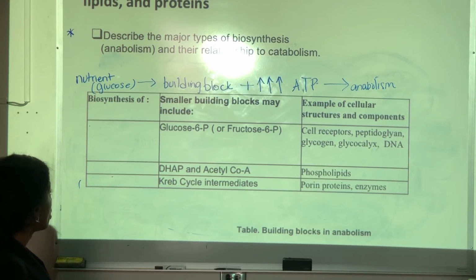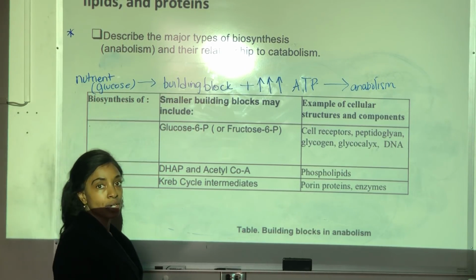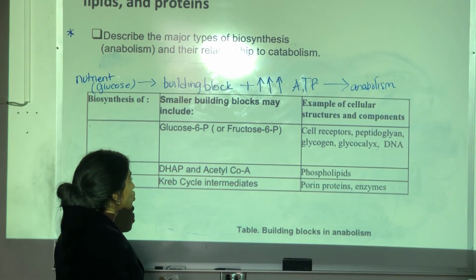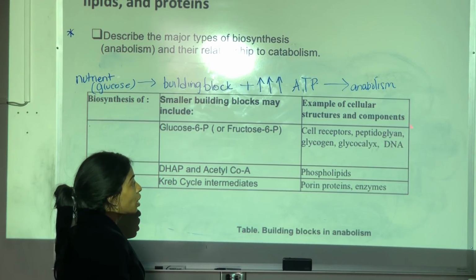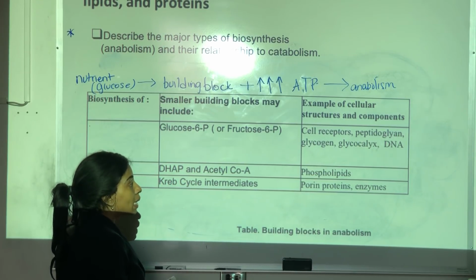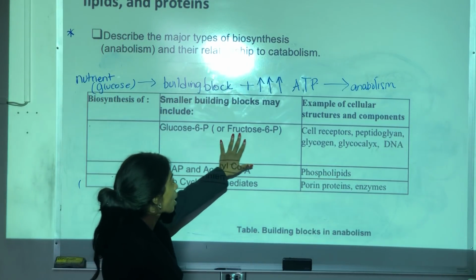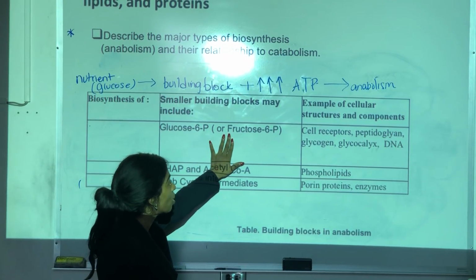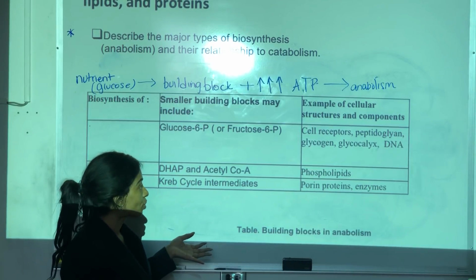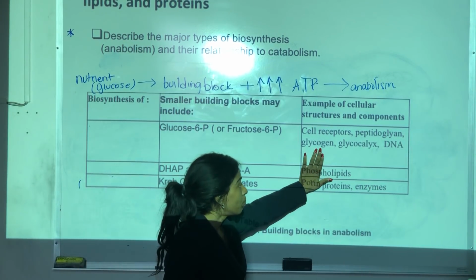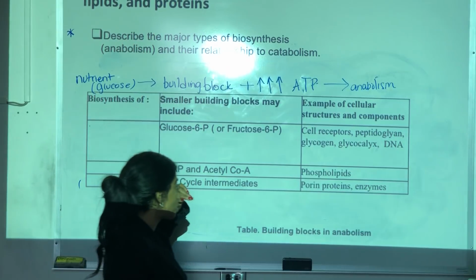So if we look at it, the building blocks that we've seen as our intermediates in the pathway, glucose 6-phosphate is used to build things that have carbohydrates. So peptidoglycan, glycocalyx that has these carbohydrates, you will need the building blocks. But where do you get these building blocks from? From catabolism, right? And with energy, the cell can then build them up, synthesize these molecules that it needs.